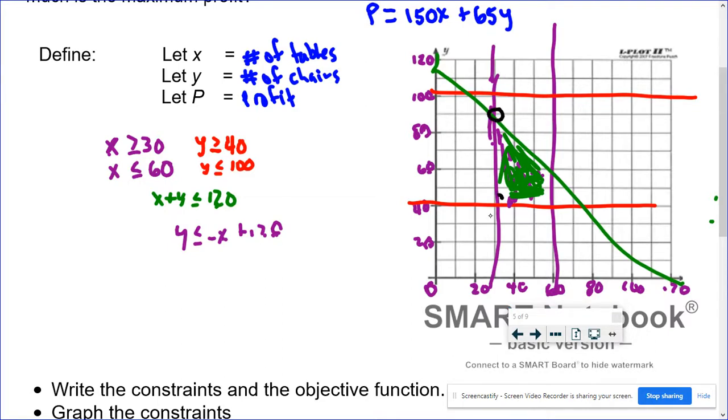So here, here, here, and here. We're going to test all of those. The first ordered pair up here in the top left is 30, 90. This ordered pair here is 60, 60.